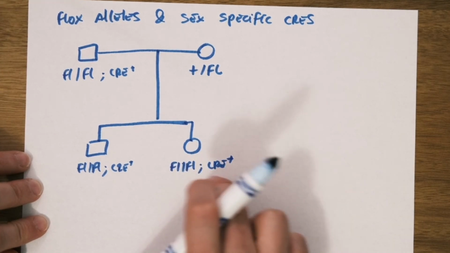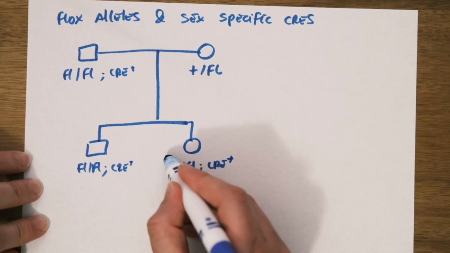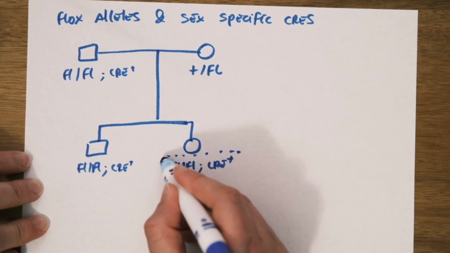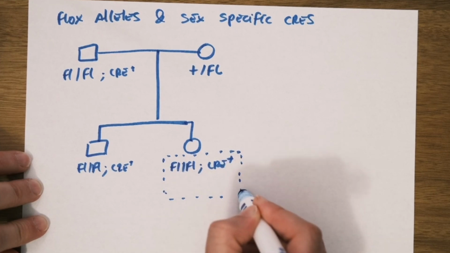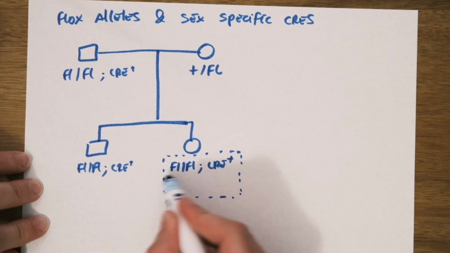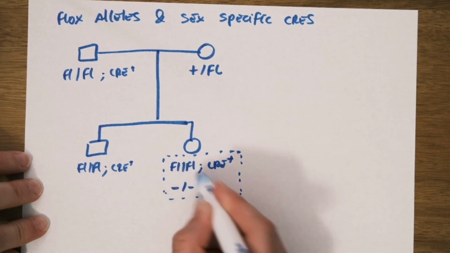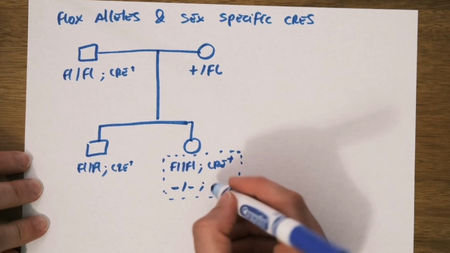However, since the Cre is expressed in the female germline, this animal will be some sort of a chimera because it will have two types of alleles in the locus of interest. Where the Cre is inactive, it will be Flox-Flox, and where the Cre is active, these two Flox will become converted into the null.